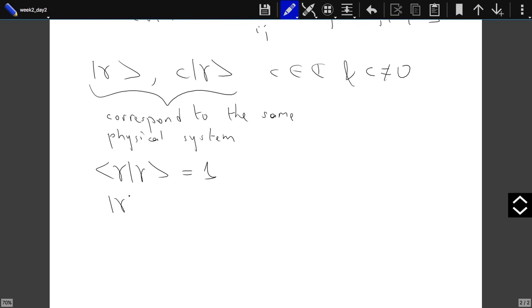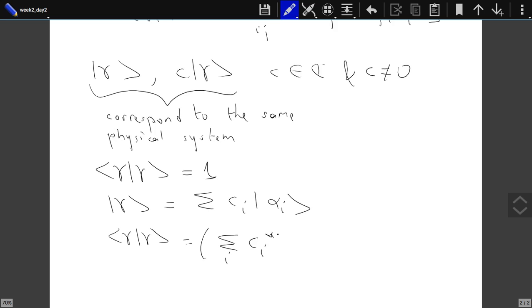Now, if we have an arbitrary state written in this form, then these coefficients Ci need to satisfy some condition so that our state gamma is normalized to 1. The inner product of gamma with gamma is equal to the sum over i of Ci star alpha i, this is the bra corresponding to the ket gamma, multiplied by the sum over j of Cj alpha j.